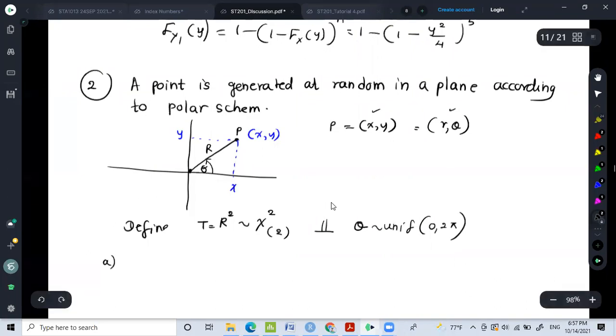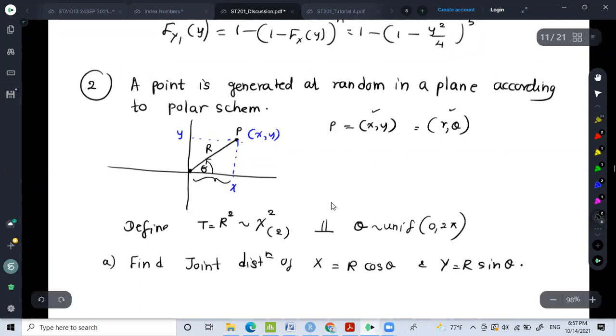The question is to find the joint distribution of X, which is R cos theta, you know that, and Y, which is R sin theta. That also you know. So here's your X, you get it from R cos theta, and here's Y, you get from R sin theta, right?